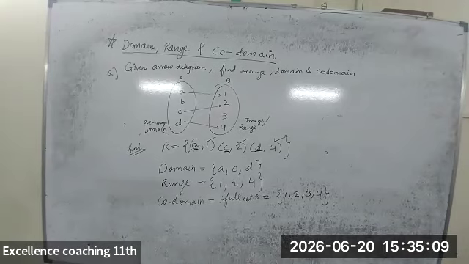So now based on this, we'll start solving the exercise. We'll look at the first question and try to answer. Set A is given, set B is given, and the relation is given to us. Anyone having difficulty in domain, range, codomain?